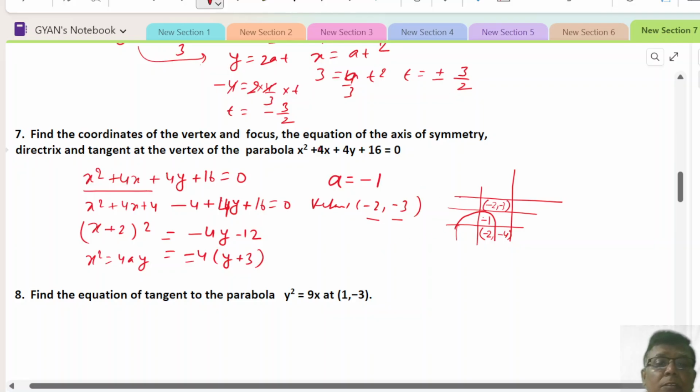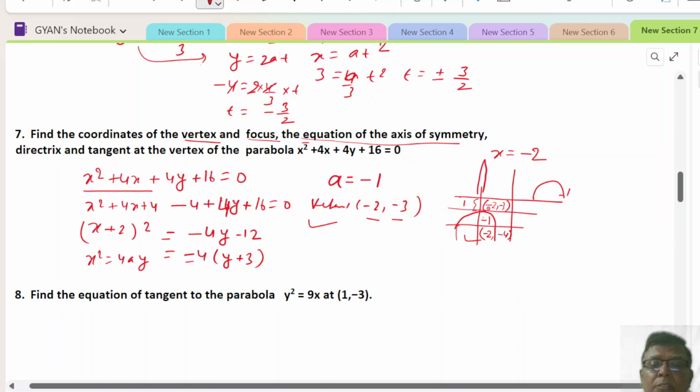So the equation, what is focus? We calculated the vertex is this one, focus is this one, minus 2 minus 4, and the equation of axis of symmetry, this is the axis of symmetry. So this is x is equal to minus 2, then this is the axis of symmetry. Directrix will be, this one is directrix, this will be 1 here.